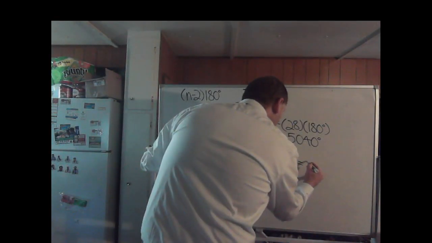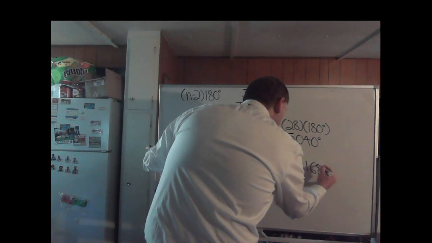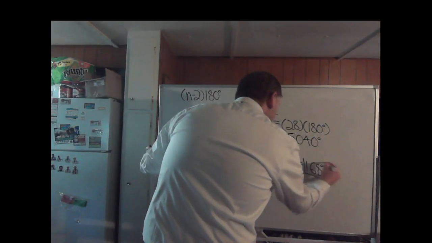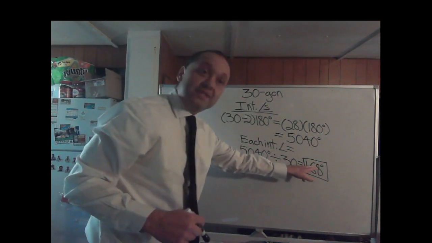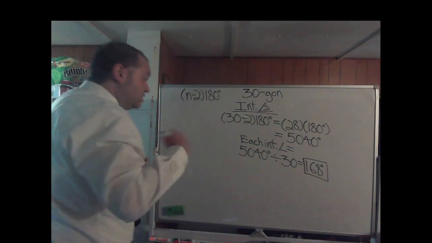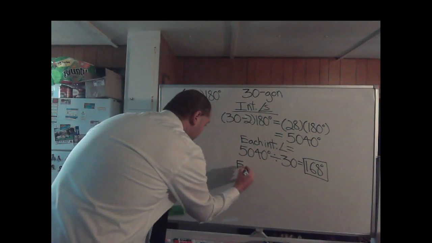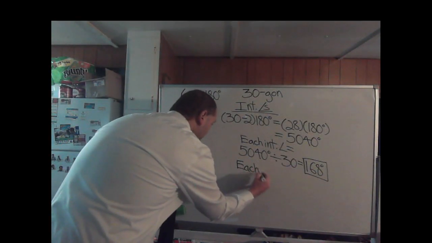You get 168 degrees. So the measure of each interior angle of a regular 30-gon is 168 degrees. Now for each exterior angle, this is pretty easy.